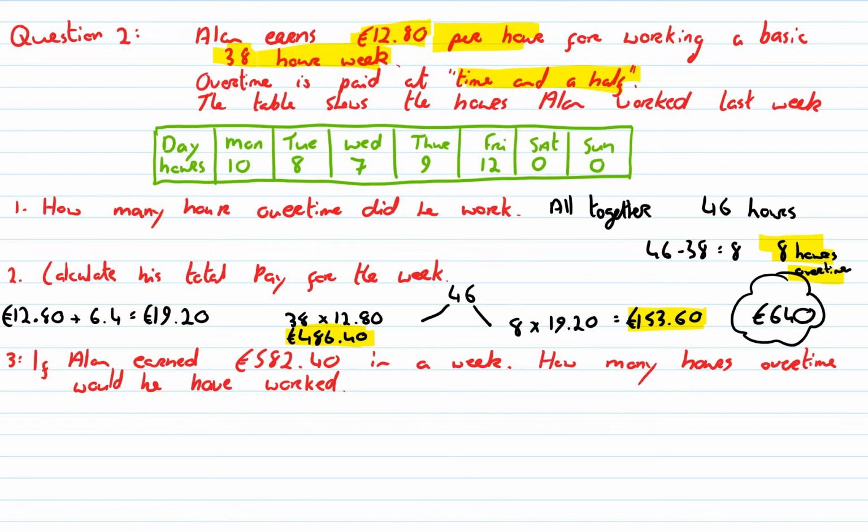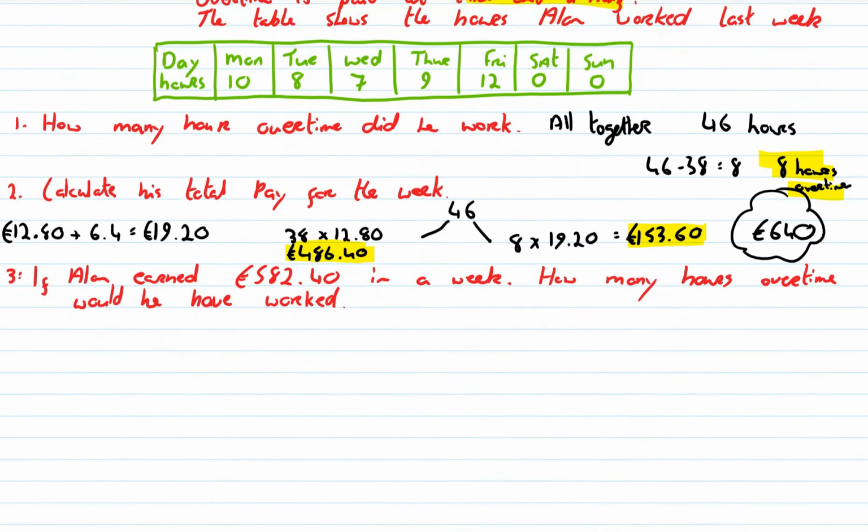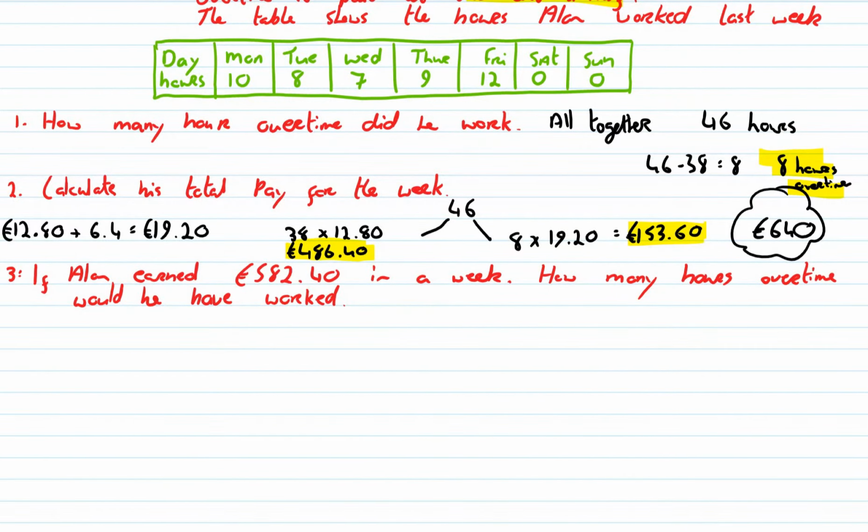Okay, last question. If Alan earned €582.40 in a week, how many hours overtime would he have worked? Okay, well, first of all, we divide his wage up. So there's what he earned total, and that's going to be made up of his basic wage and his overtime.